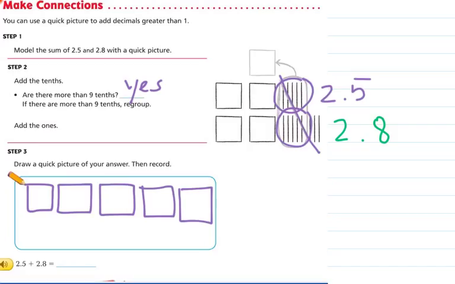And boys and girls, if we look over here on the side, we have 3 longs left over. So if we were to write this number, we would say that we have 5 wholes and 3/10 left over. So boys and girls, today we're practicing specifically using a quick model or drawing to add decimals.